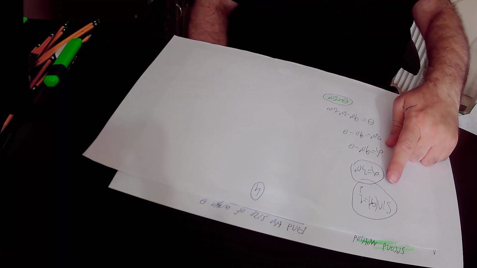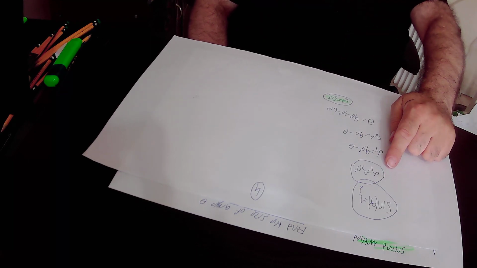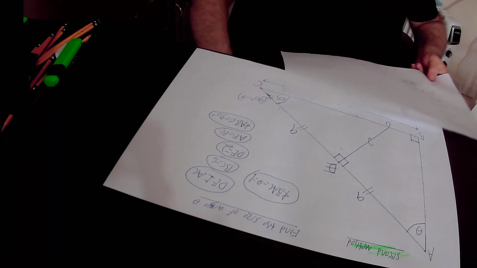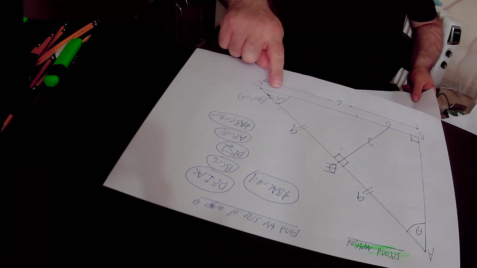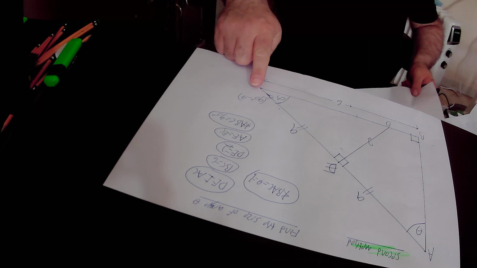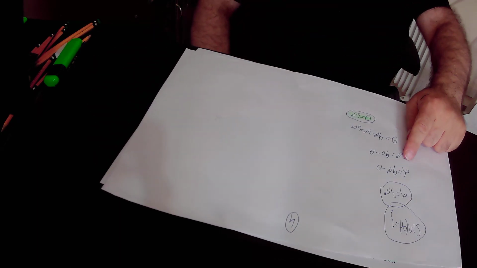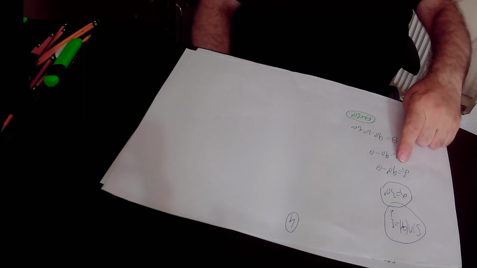If sine alpha equals 1 over 2, it means that alpha itself equals 30 degrees. We also found earlier that alpha equals 90 degrees minus theta.